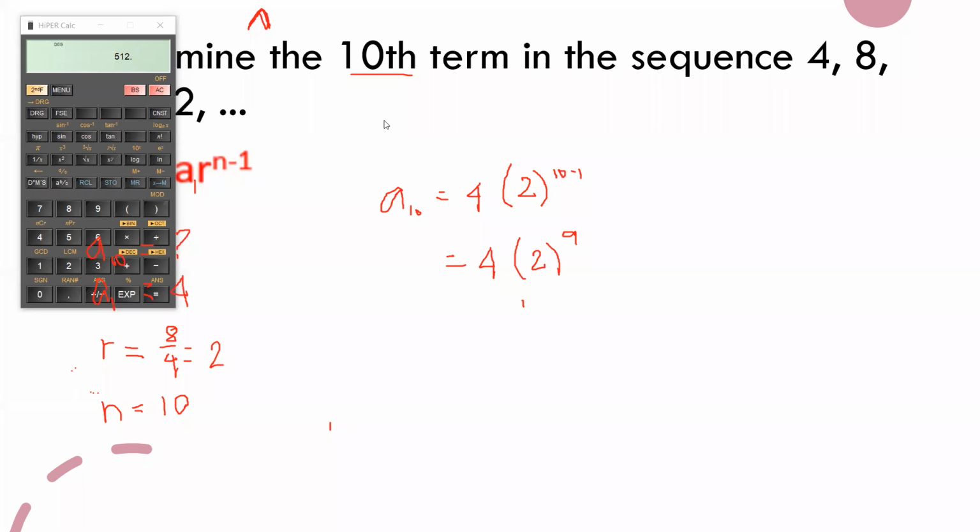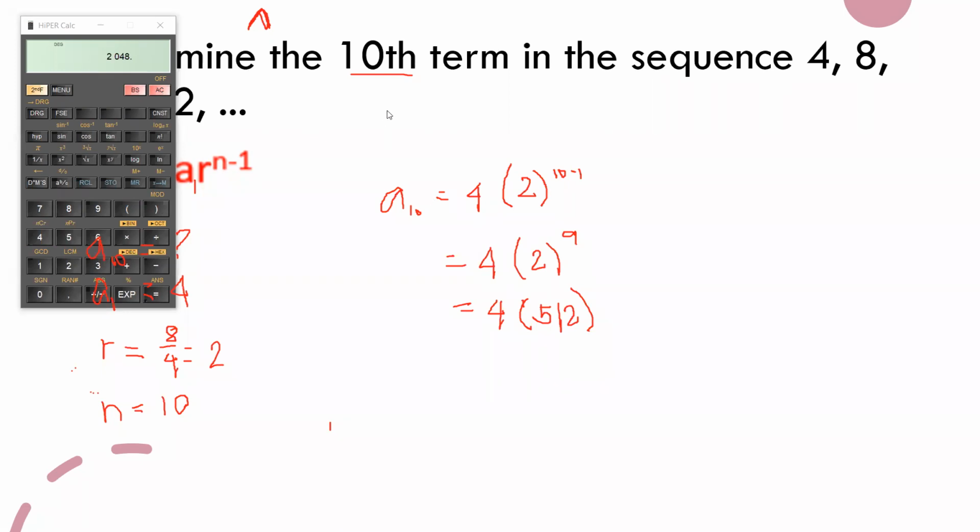So we have 4 times 512. That's 512 times 4 equals 2,048.